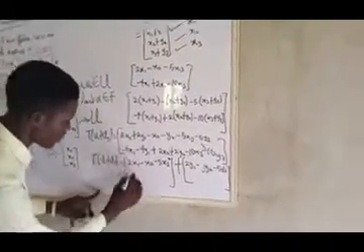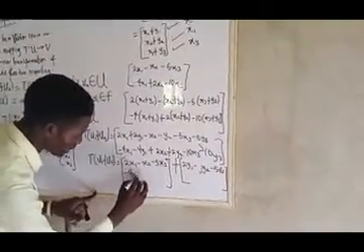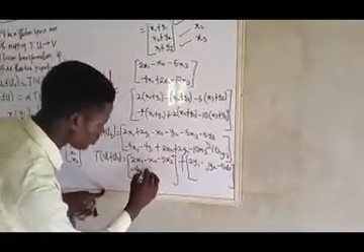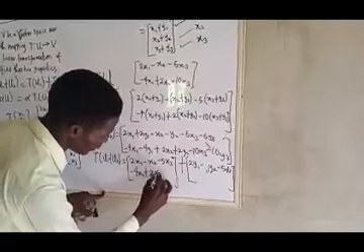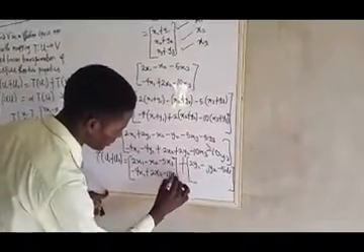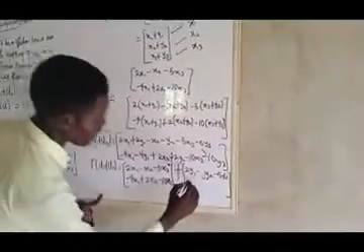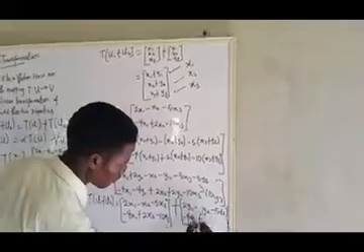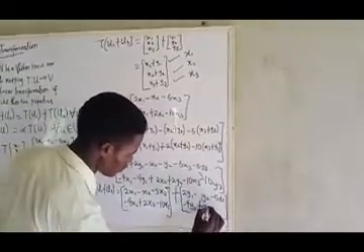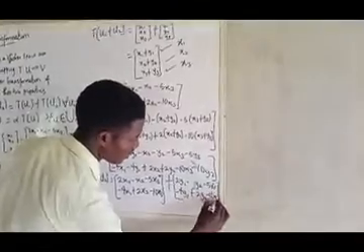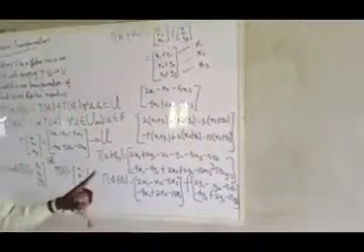So this one was minus 4x1 plus 2x2 and then minus what? 10x3. So the other part was minus 4y1 plus 2y2 minus what? 10y3. So this will be your equation.